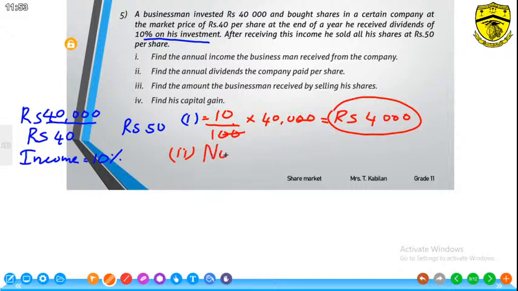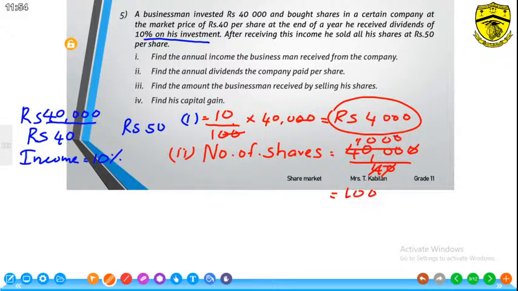The invested amount and the market price per share are given, so divide the investment amount by the market price of a share. The zero cancels out one time, so 1,000 is the number of shares he bought from the company, right?